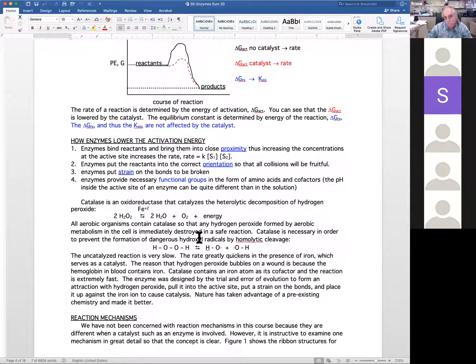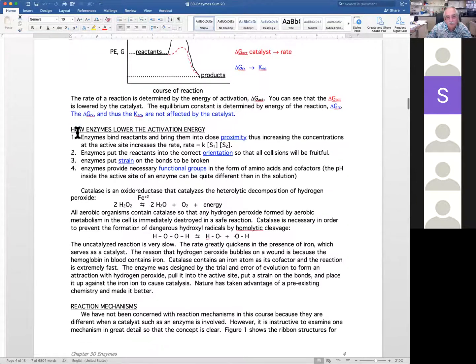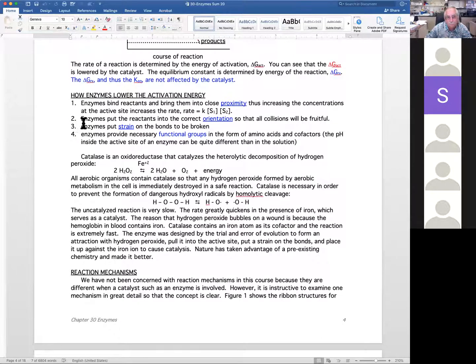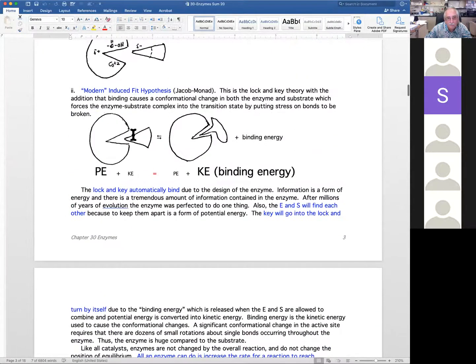So here's another way of looking at how enzymes lower the activation energy. They bind the reactants and bring them into close proximity. If you think about why they do that, it's because there's so much energy in the design of this.